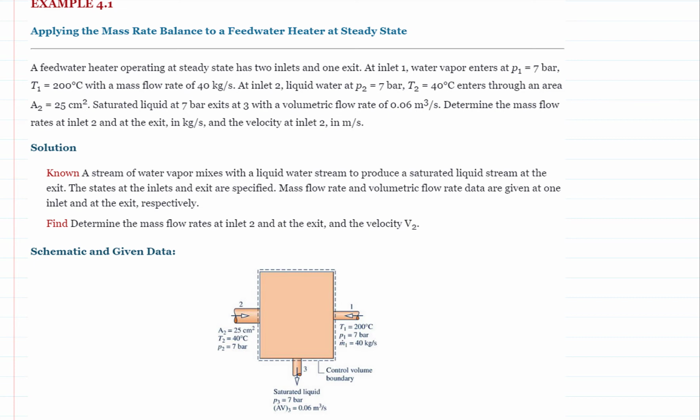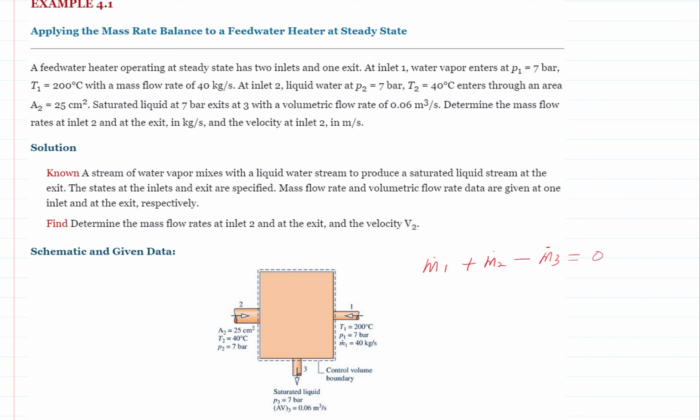So we have an open system, so mass is going in from inlets 1 and 2 and mass is leaving the system from exit 3. We are going to apply the mass balance to determine the unknowns. Mass is going into the system from inlet 1 and inlet 2 and mass is leaving out of the system, and this is at steady state.